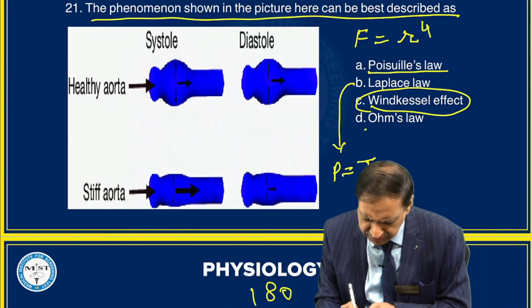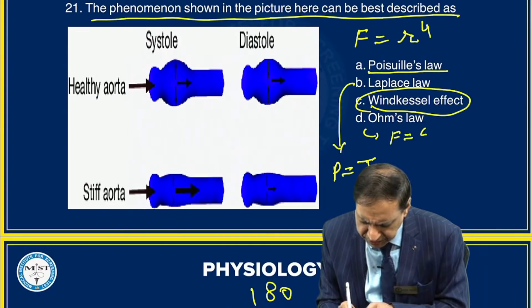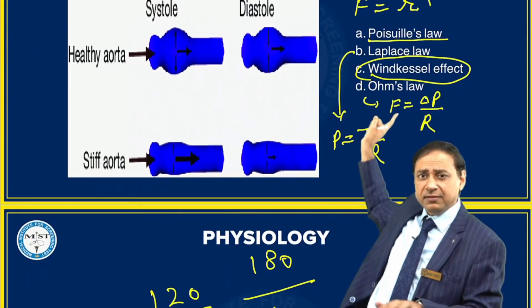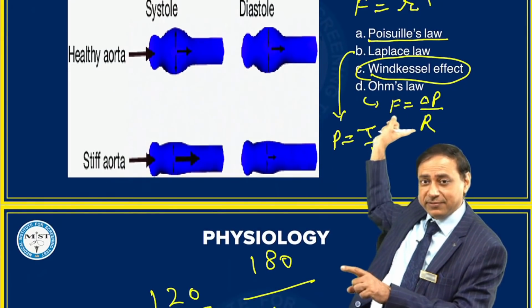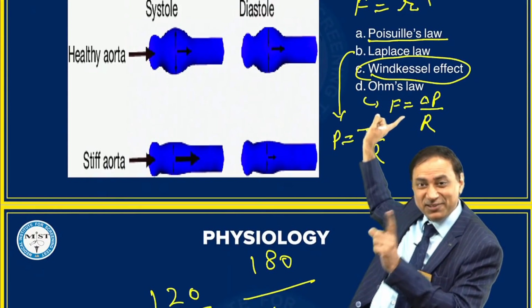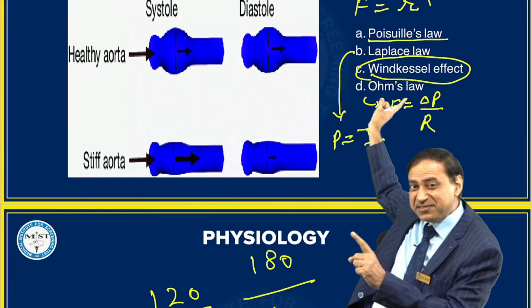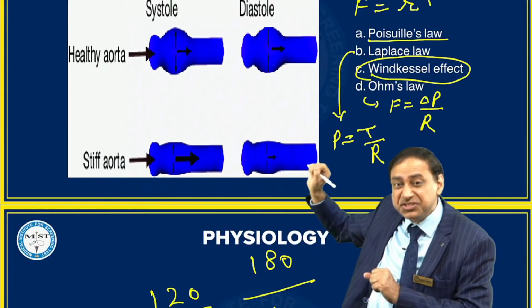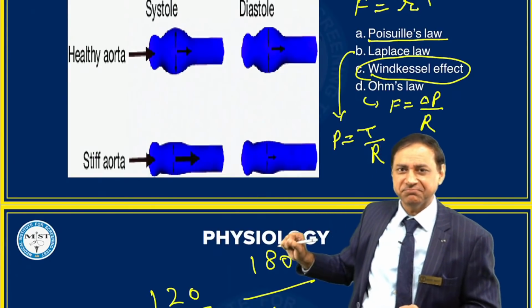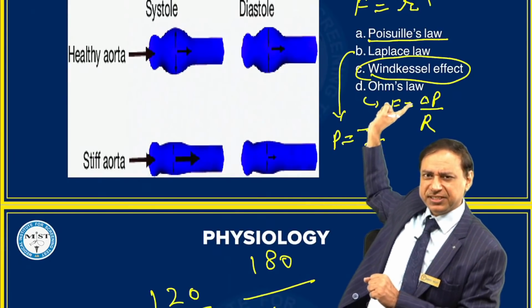Ohm's law is flow is equal to delta P by R. Current is equal to potential difference divided by resistance, I is equal to V by R. Same Ohm's law. Flow is equal to pressure difference divided by resistance.